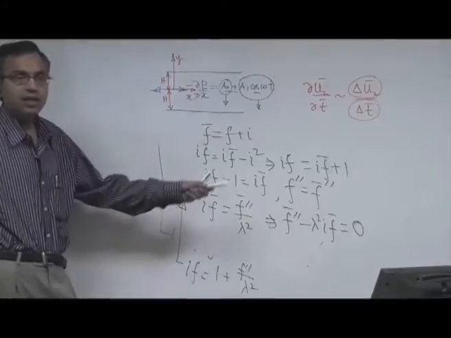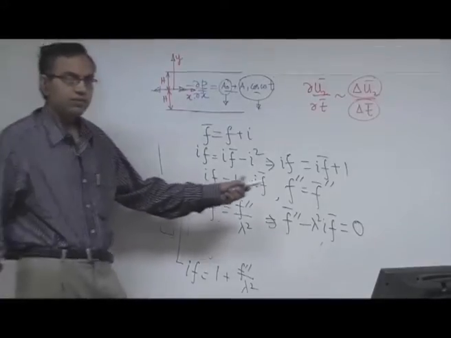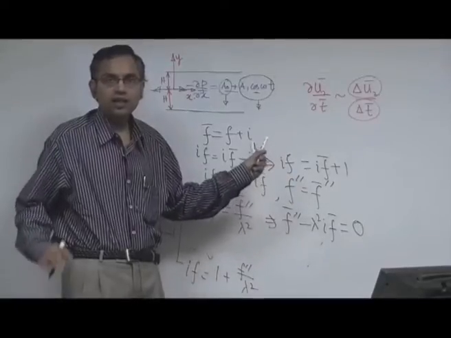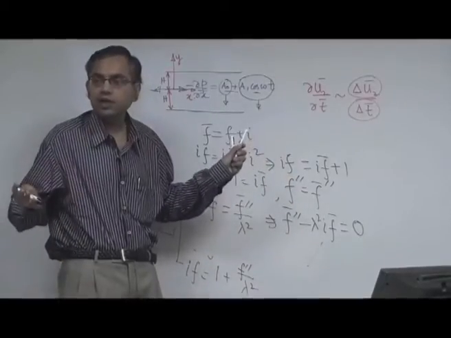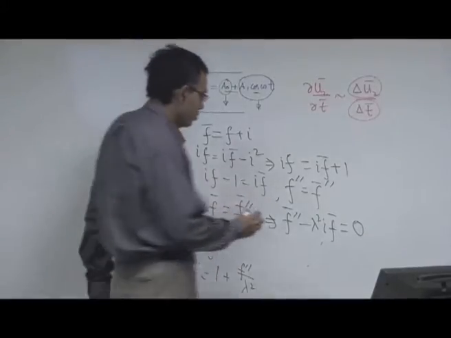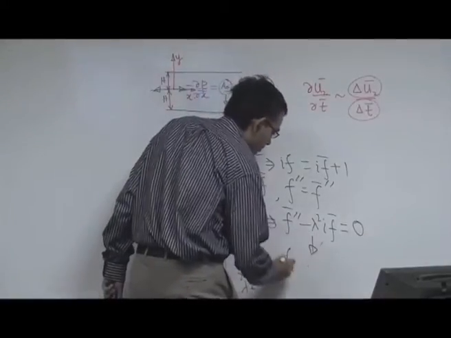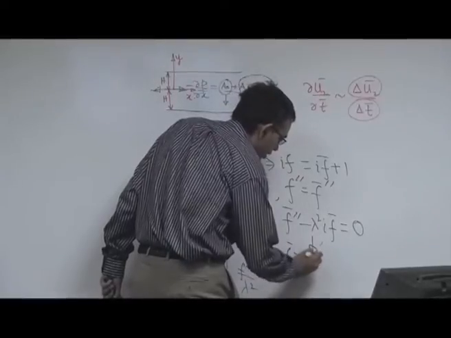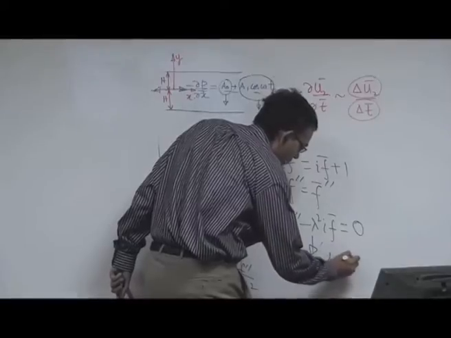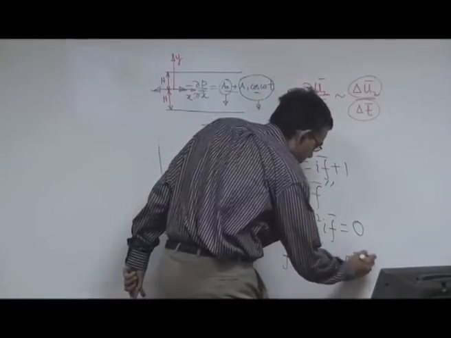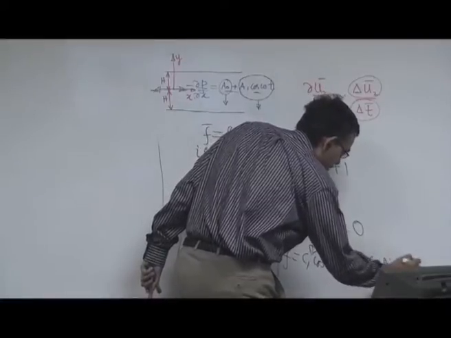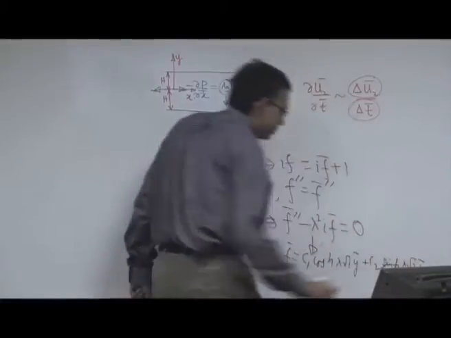So, you can write the solution in terms of exponentials, or just for a little bit more algebraic convenience we will write it in terms of sinh and cosh, all the same. So, f bar is equal to C1 cosh of lambda square root of I y bar plus C2 sinh of lambda square root of I y bar.